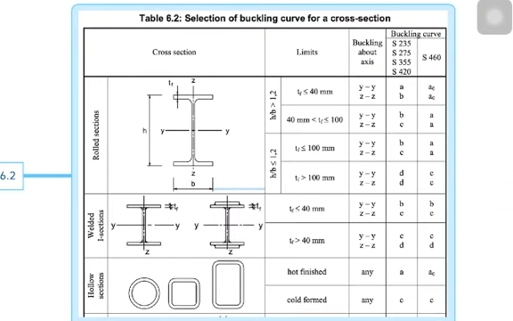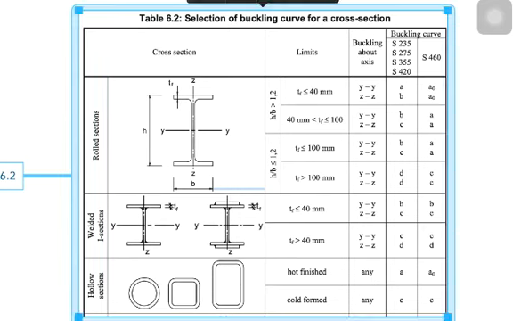In table 6.2, you need to know the buckling about axis, whether it is the y axis or z axis. From this table, you can refer to the buckling curve. For example, either A, B or B, C and so forth. You just choose one, it depends on this.